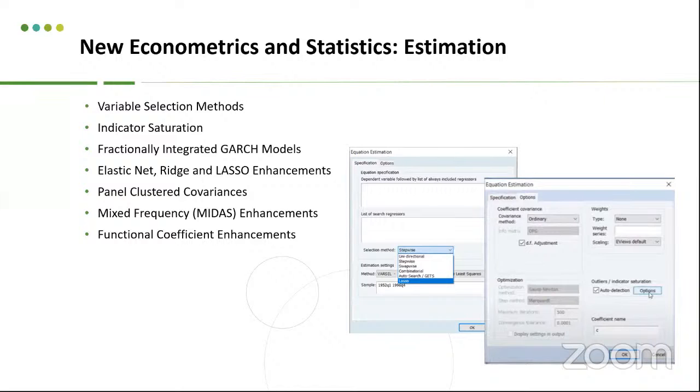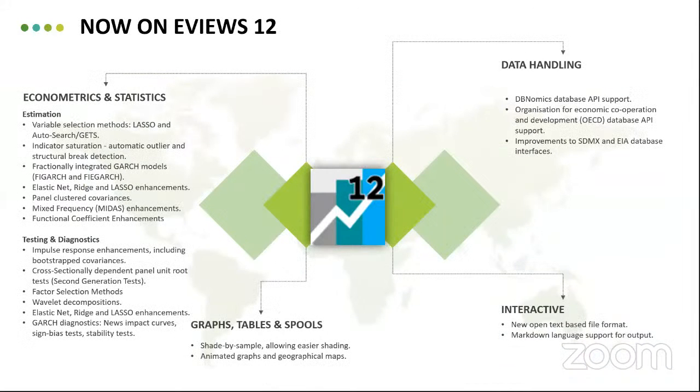All right. Then I will go for the testing and diagnostic in the econometric and statistic. There are a few new features, but for today, I will show a demo on the factor selection method.